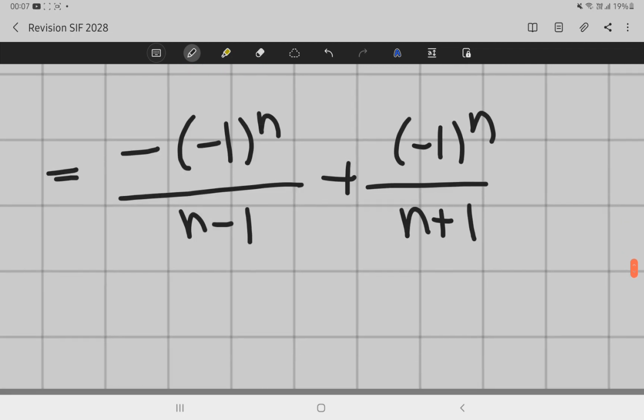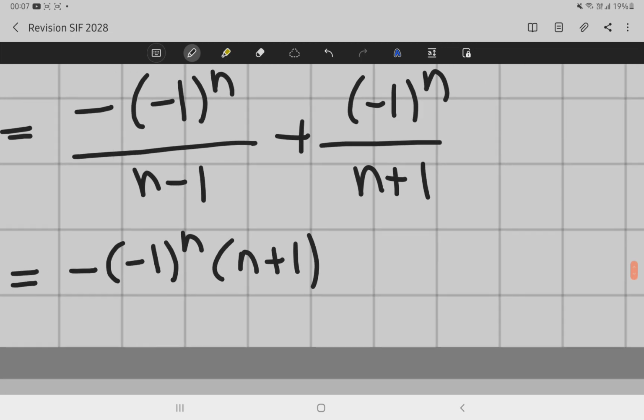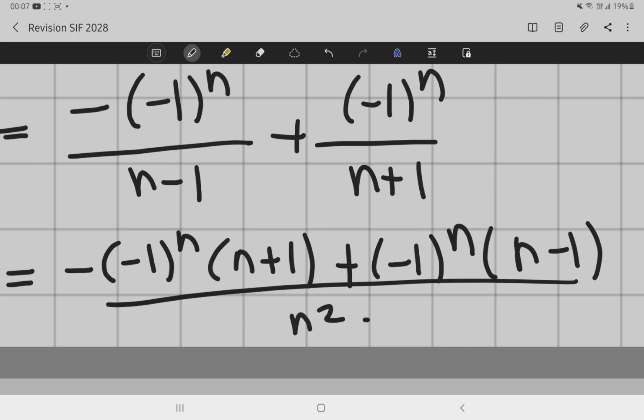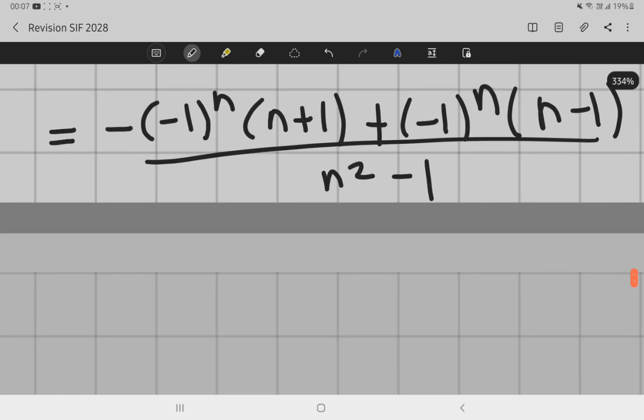Okay, yeah, so this is interesting. Multiply by n plus 1, plus minus 1 and minus 1 over n square minus 1, like that. So I'm not sure if this will work. Let's see.